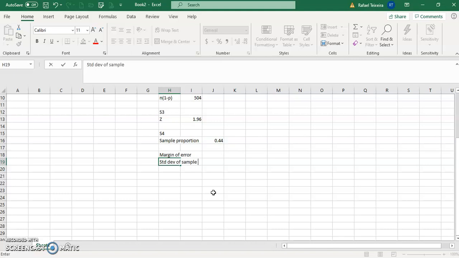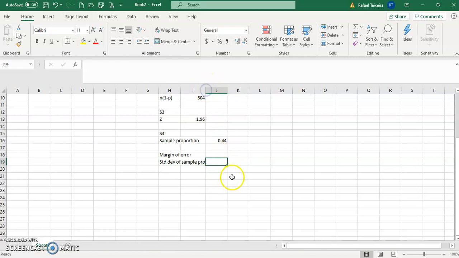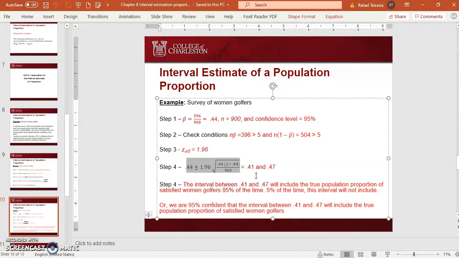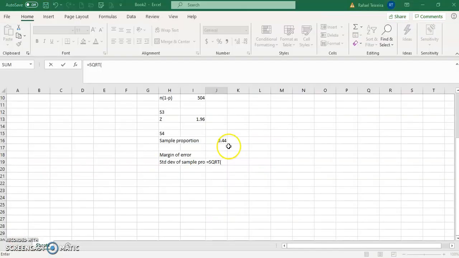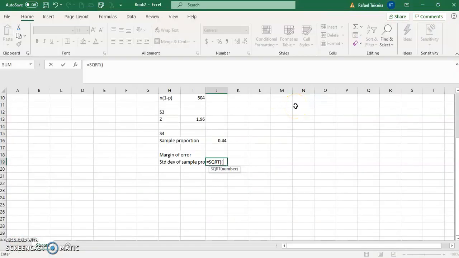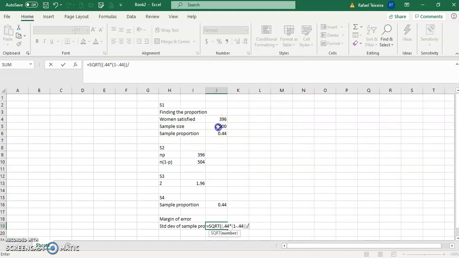Let me get the standard deviation of the sample proportion. The standard deviation of the sample proportion is equal to the square root of p multiplied by 1 minus p divided by 900. So square root, I'm going to open parentheses again because I want to do this multiplication on top. So it's 0.44 multiplied by, open parentheses, 1 minus 0.44, close both parentheses, and then I divide by the sample size, which is 900.